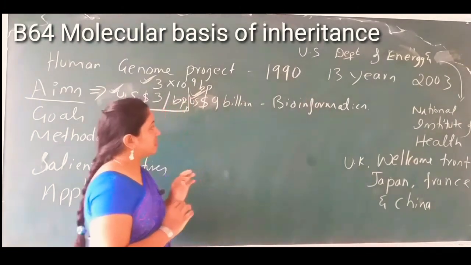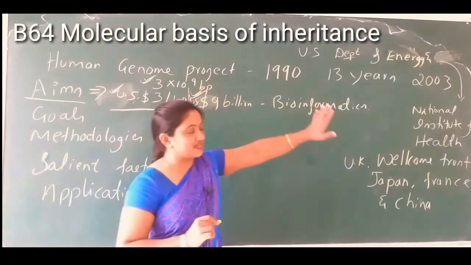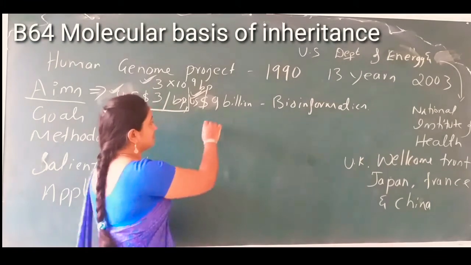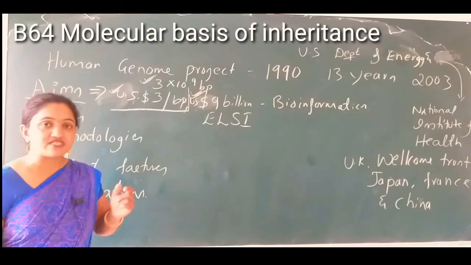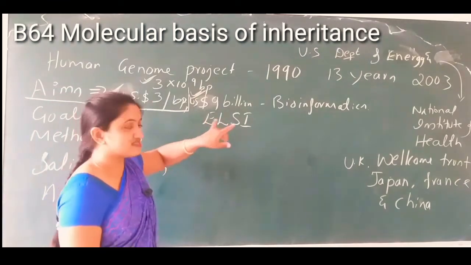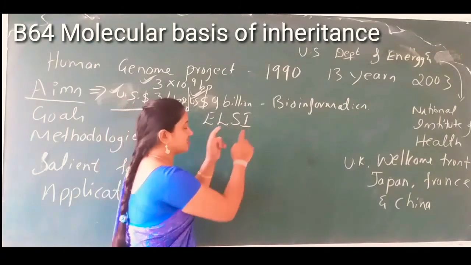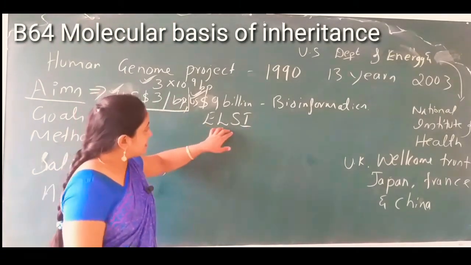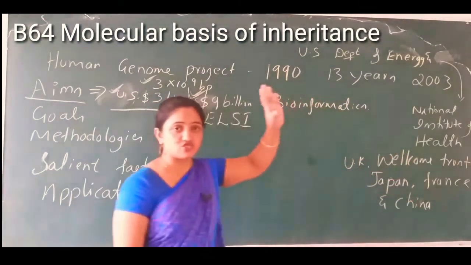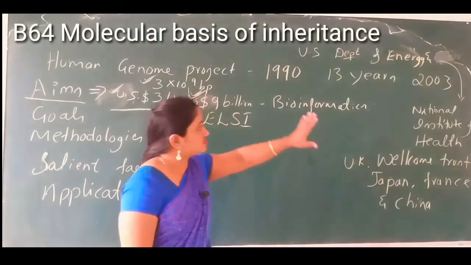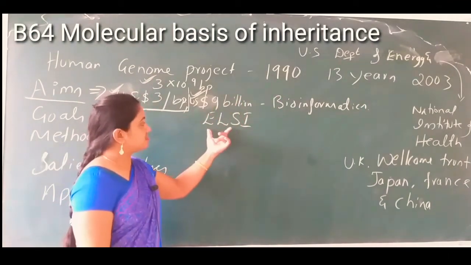And one more thing I must tell here, one more branch they designed. What branch is it? The branch is ELSI, the short form of ethical, legal, social issues. Any ethical, legal, or social issues that arise about this project have to be consulted with this department.